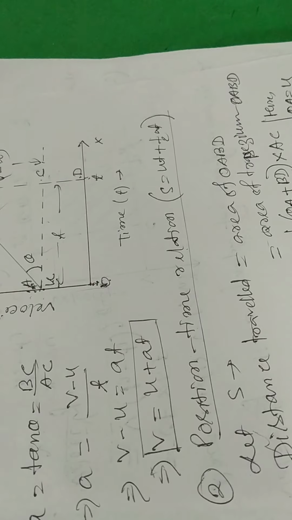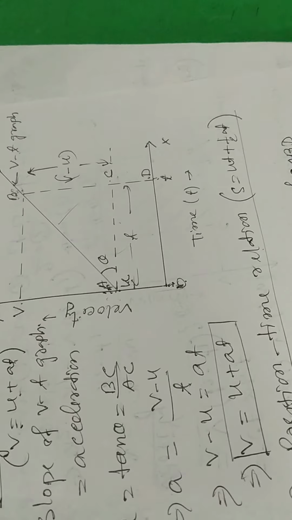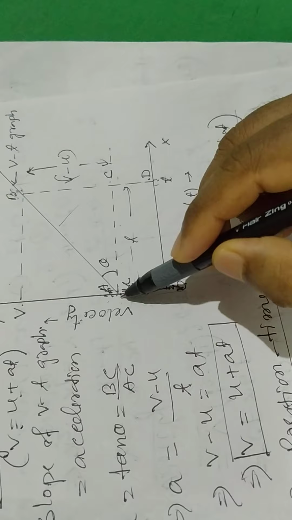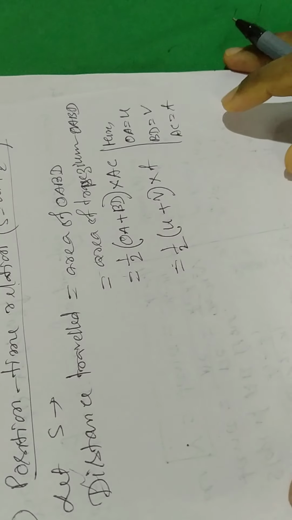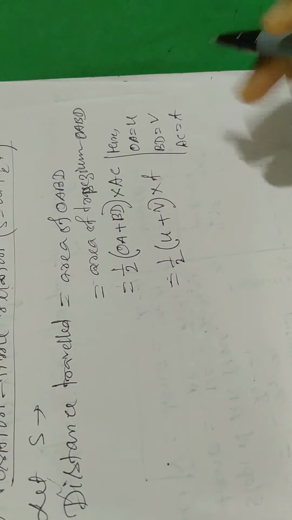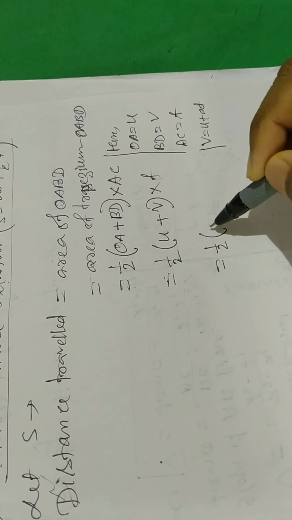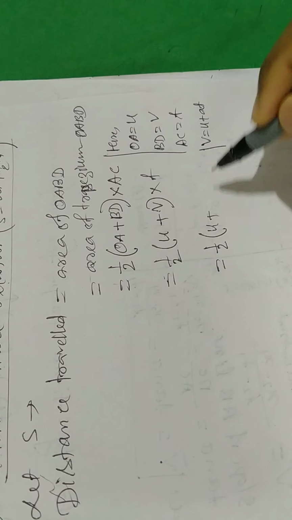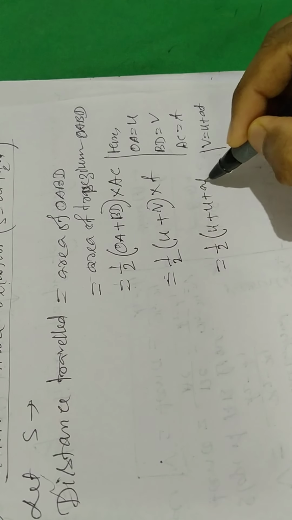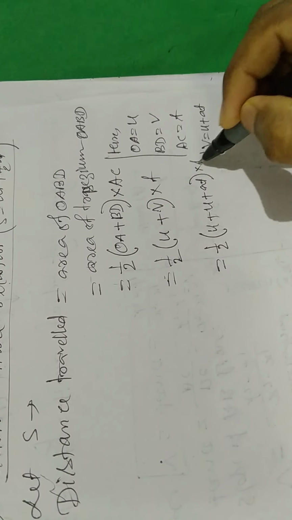You see the diagram, OA is u, BD is v, and AC is t. Since v equal to u plus at, instead of v we can write u plus at, into t.